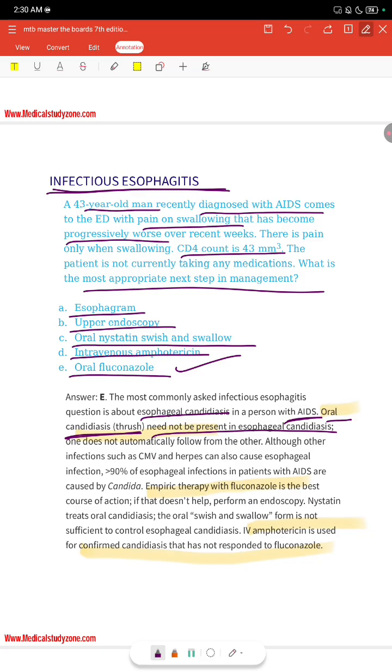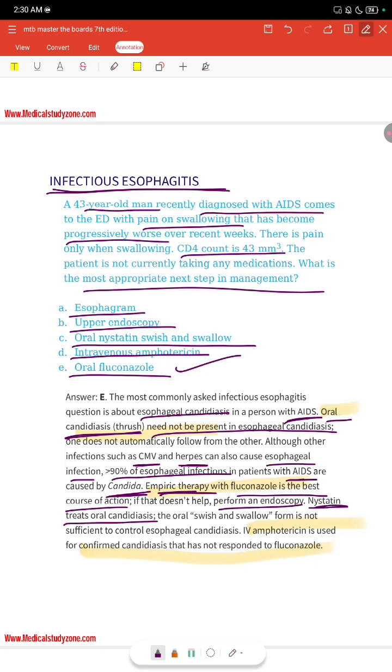Although other infections such as CMV, cytomegalovirus, and herpes can also cause esophageal infections, more than 90% of esophageal infections in patients with AIDS are caused by Candida. Empiric therapy with fluconazole is the best course of action. If that does not help, perform an endoscopy.